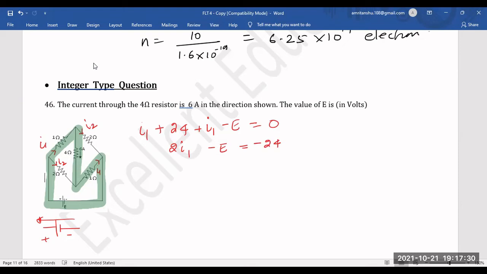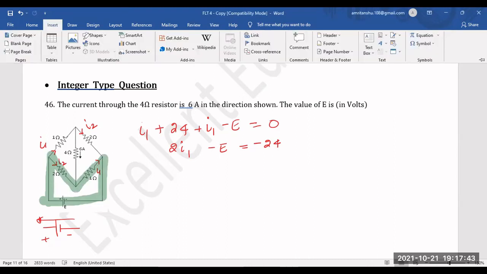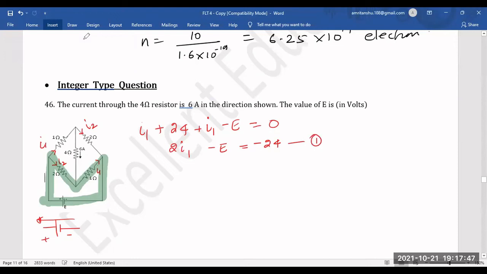Okay, now let's see another circuit over here. Let's see this circuit now. For this it will be 2I2 plus I1 minus E is equal to 0. This is my second equation.